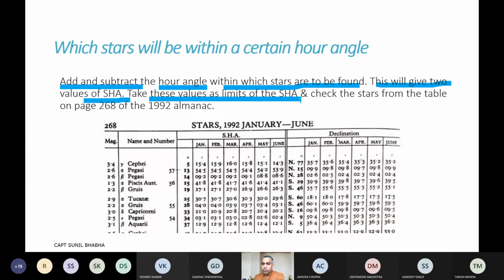These are the limits or boundaries, and check the stars from the table on page 268 of the 1992 almanac. You can see here the stars are listed in increasing order of their SHA. Say Phi is the star with the minimum SHA after 0. Then you have Pegasi, Alpha Pegasi, Beta Pegasi. So the SHA value increases from 5 to 13 to 14, 15, 19, and so on.